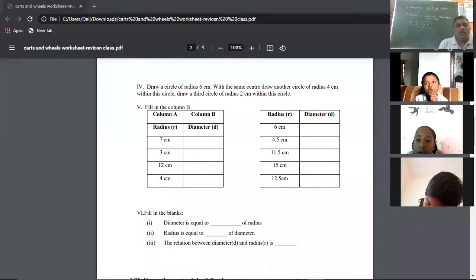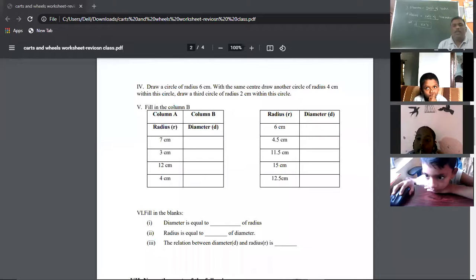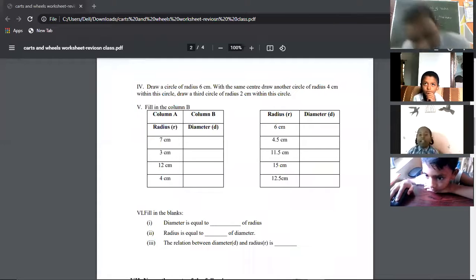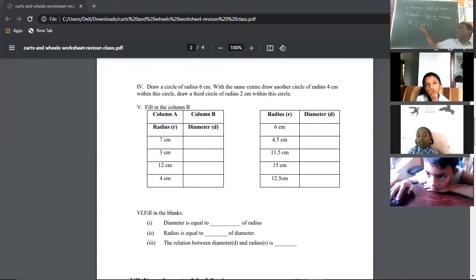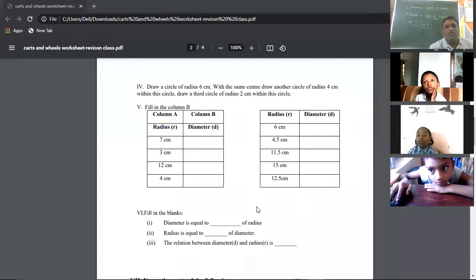Diameter is equal to twice or double to the radius. Radius is equal to half of the diameter. What is the relation between diameter and radius? Diameter is always double to the radius. D will be 2 into R. That is the fill in the blanks.